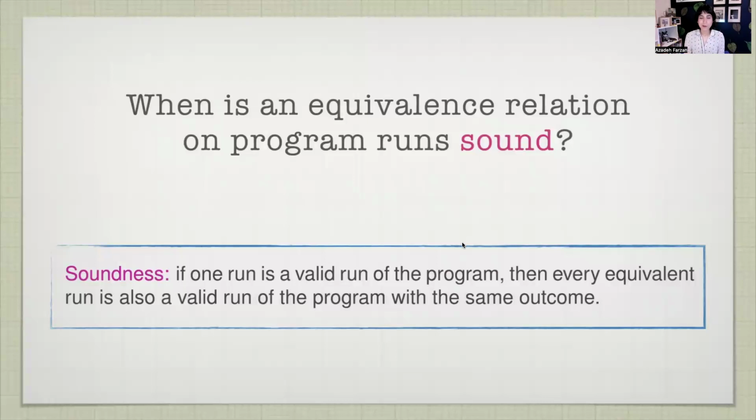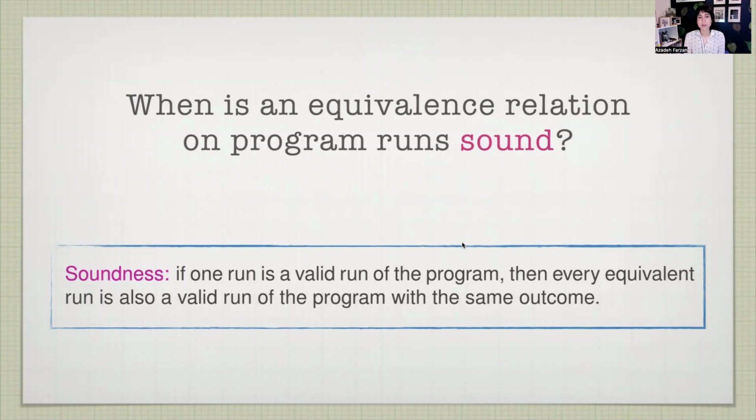I wouldn't insult anyone by defining what an equivalence relation is. That's the classic mathematical definition. But in almost any context where an equivalence relation on program runs is used, there is a concept of soundness that we really care about. I'm using the term soundness, but in this particular context you should interpret it as usefulness.